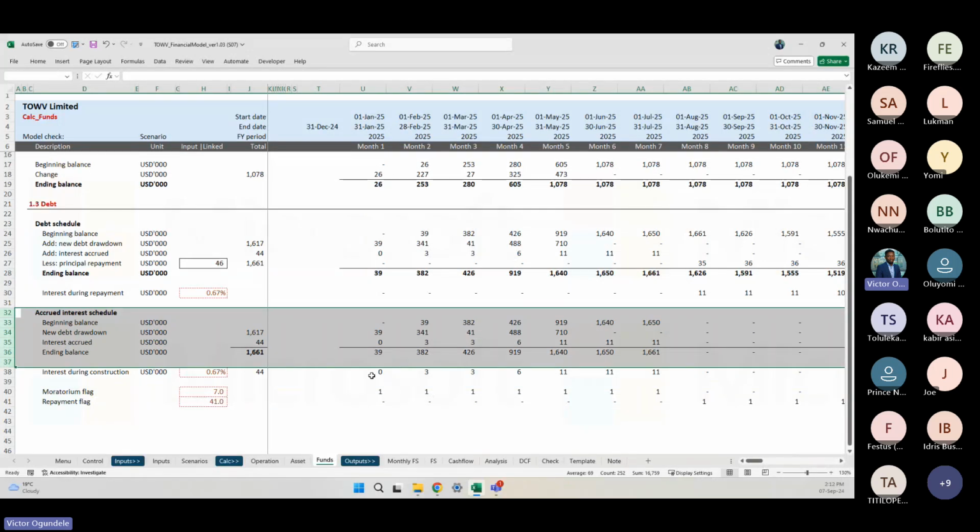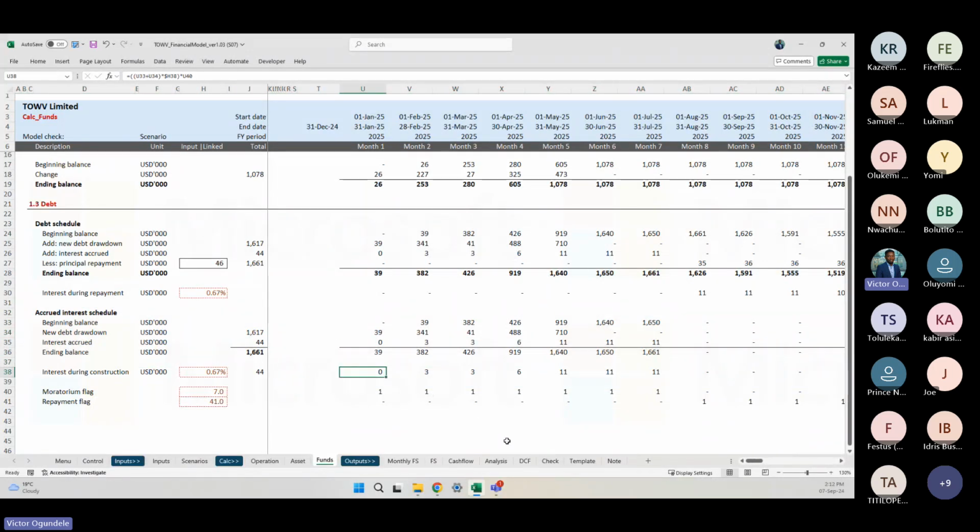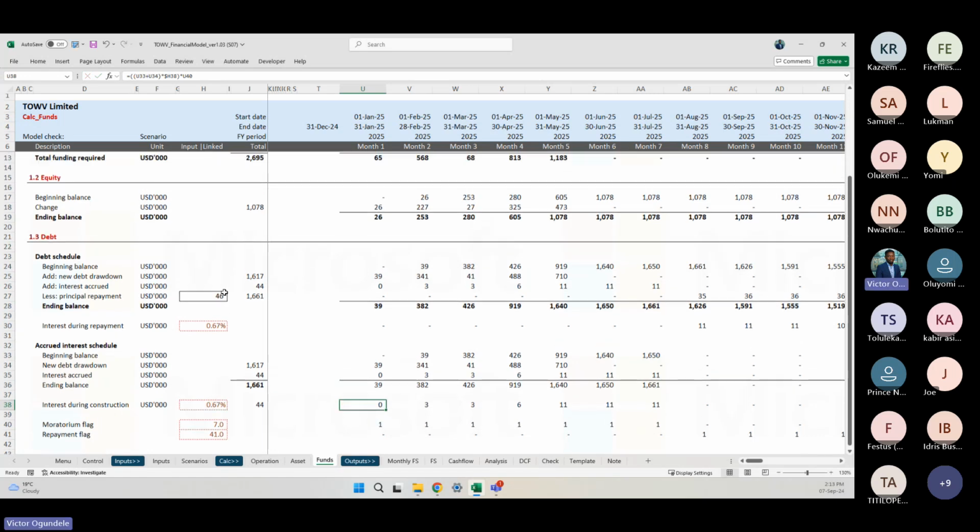So look at your interest during construction. How did you calculate it? Your accrued interest is beginning balance plus new debt drawdown, so don't add the accrued interest to it. Also, the way we calculated our interest during repayment is also beginning balance plus new debt. Don't include the accrued interest in it.